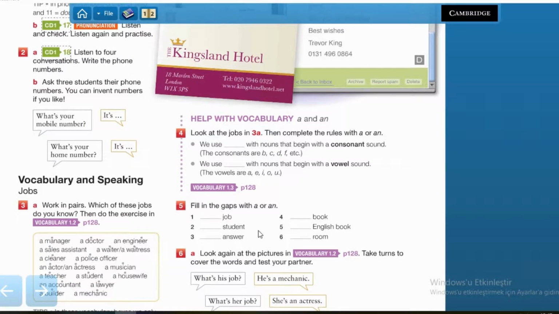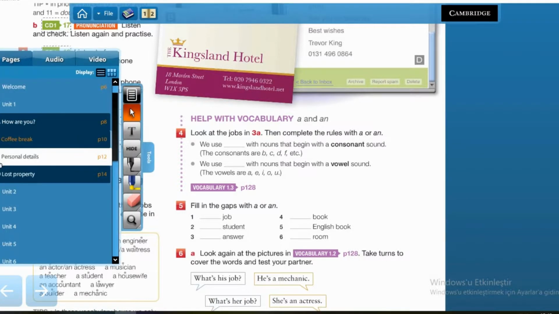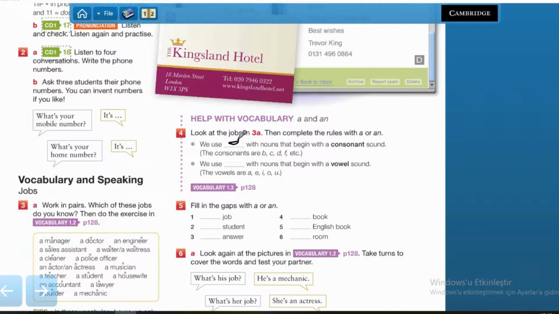We use a with nouns that start with a consonant sound, like the consonant letters B, C, D, F, G, L, M, etc. And nouns that start with a vowel sound, vowel letters, we use an.